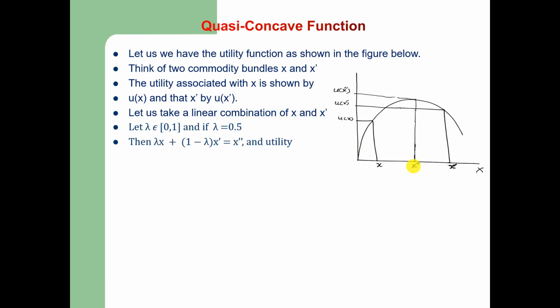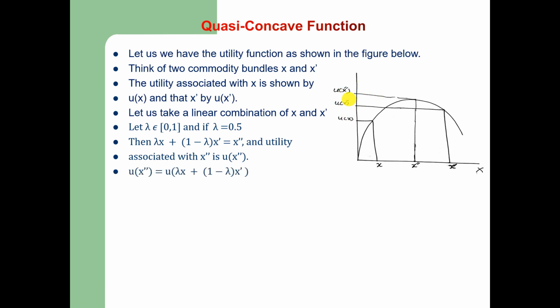So then lambda x plus 1 minus lambda x prime will be equal to x double prime, and the utility associated with this linear combination, that is x double prime, is equal to u of x double prime, and this is greater than both of these.